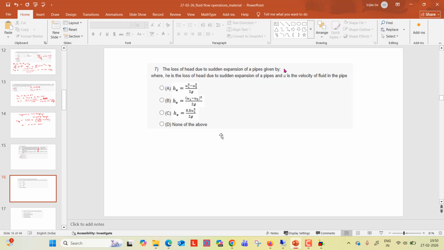For sudden expansion, it is given by He equals (U1 minus U2) whole square by 2g. So this is option B.